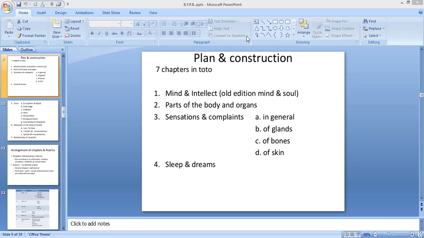In the first part of this book, first there is a preface, then the life history of Dr. Boenninghausen is given, and how he converted towards homeopathy. All the history about his life and how he converted towards homeopathy was given after the preface.